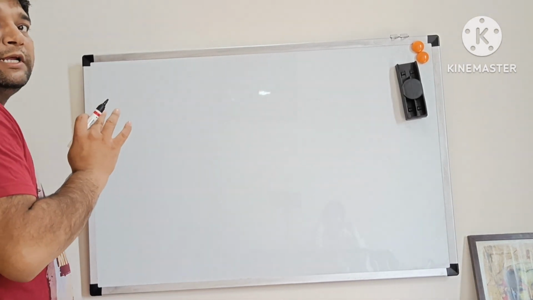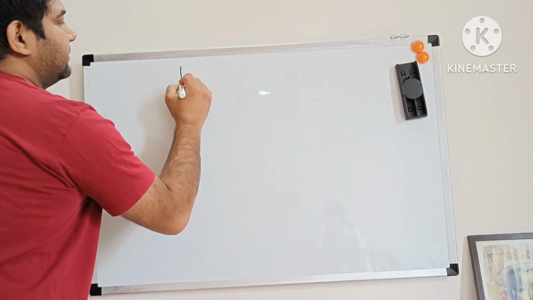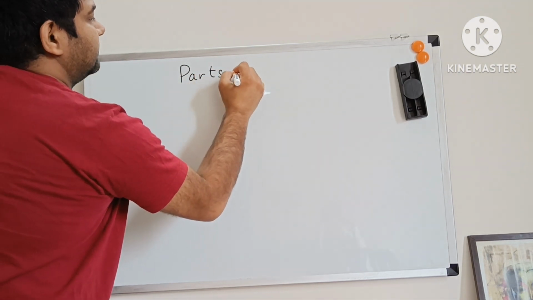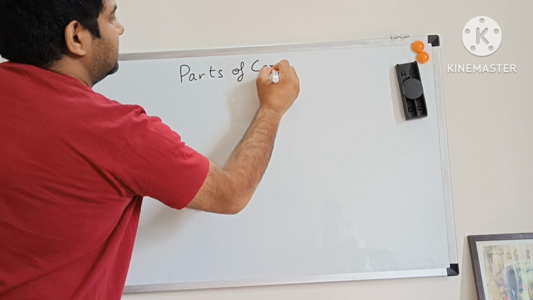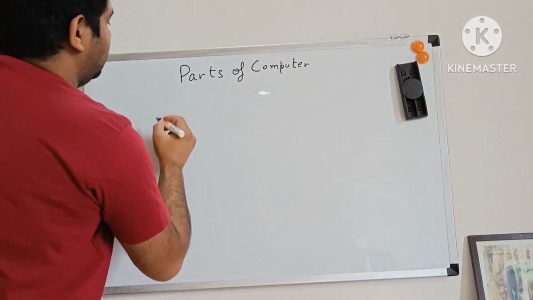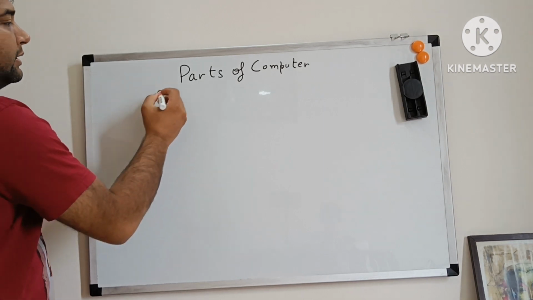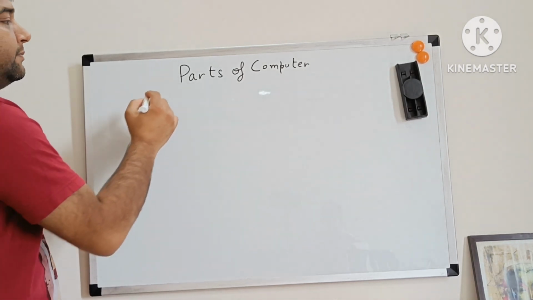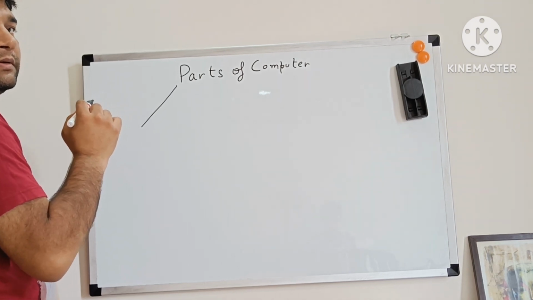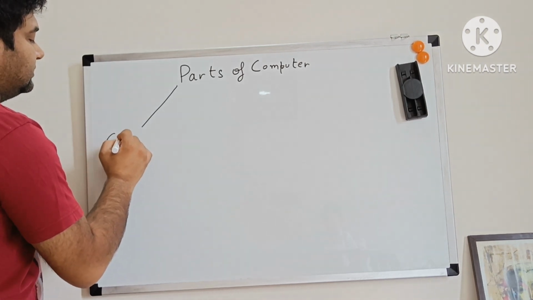So now we are going to study parts of computer. One by one I will draw the parts, and you have to tell me. First listen to me. Pens down. First part is the CPU.